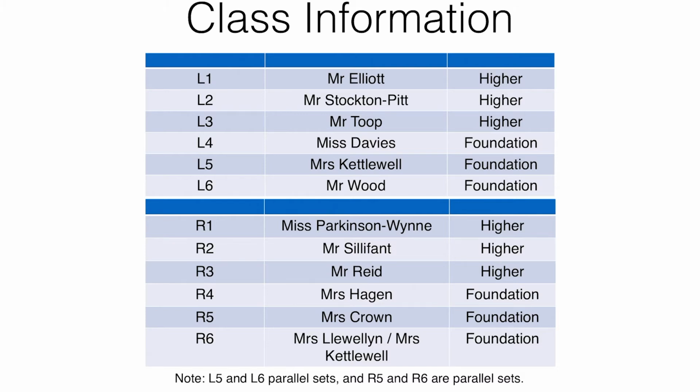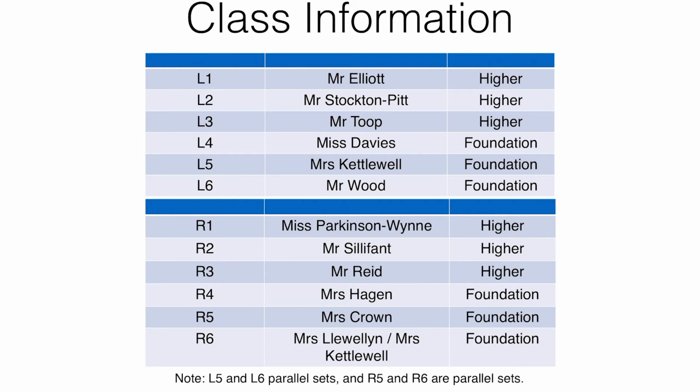Just a quick note is that L4 and R4, so Miss Davis and Mrs. Hagan, are the top foundation groups. Now, some of those students may end up sitting the higher exam, so even though it says foundation, they are covering some higher content as well, where the teachers have decided it is suitable to do so.